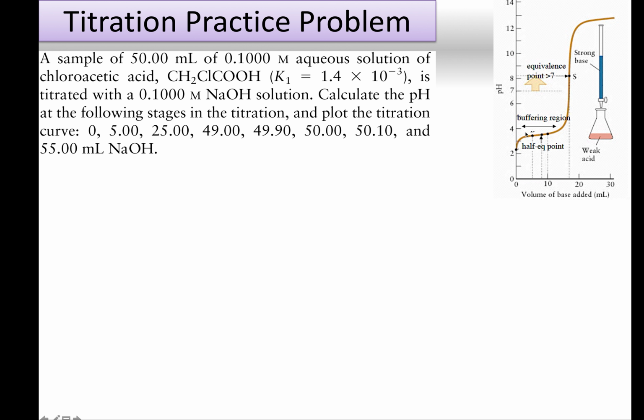Before the equivalence point, a certain amount of the titrant has been added. What happens at the equivalence point, and then what else happens if you keep adding more of the titrant after the equivalence point.